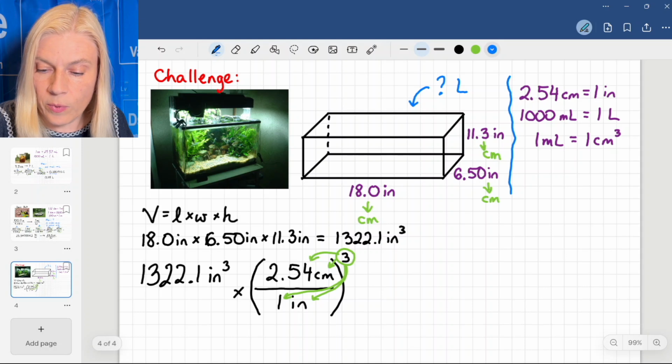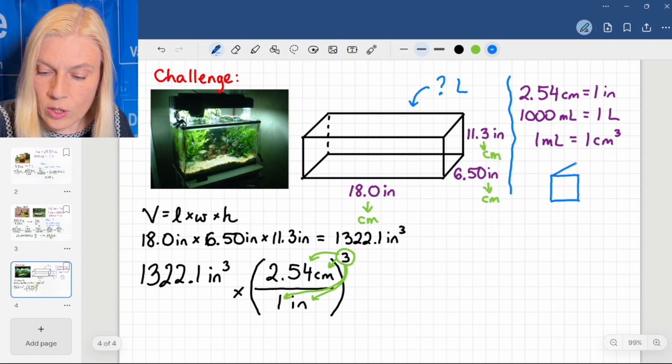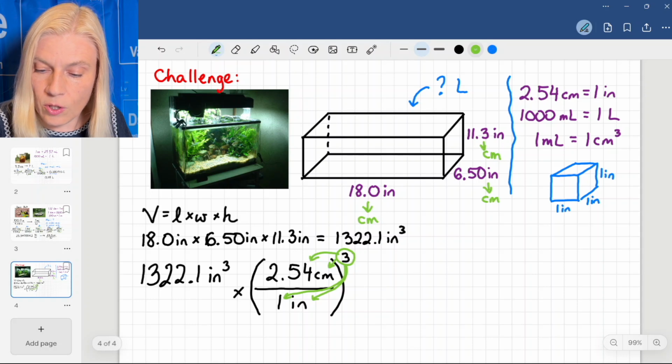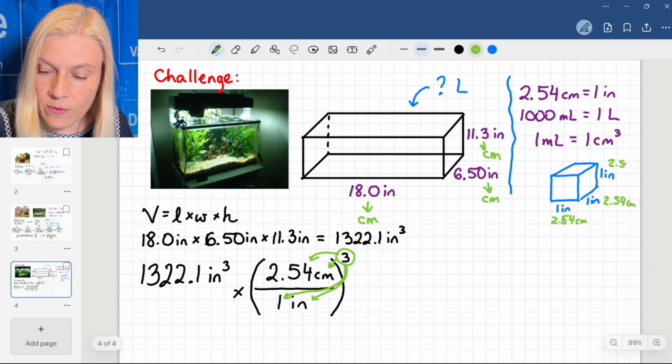Here is a little thought process on the side. If I have a little cube that's 1 inch cubed, with 1 inch on this side, 1 inch here, and 1 inch here, this means that this is also 2.54 centimeters, and this is 2.54 centimeters, and this is 2.54 centimeters.